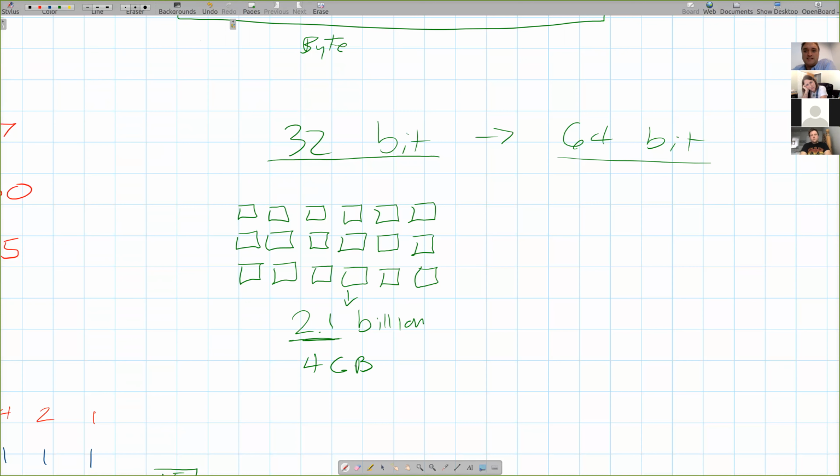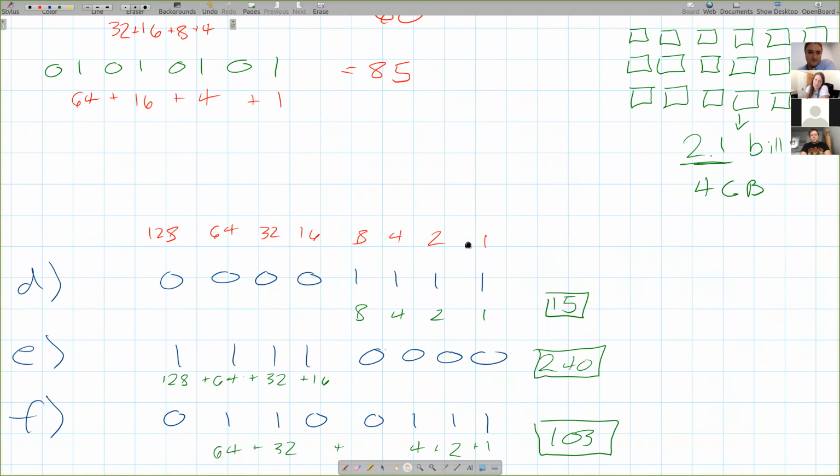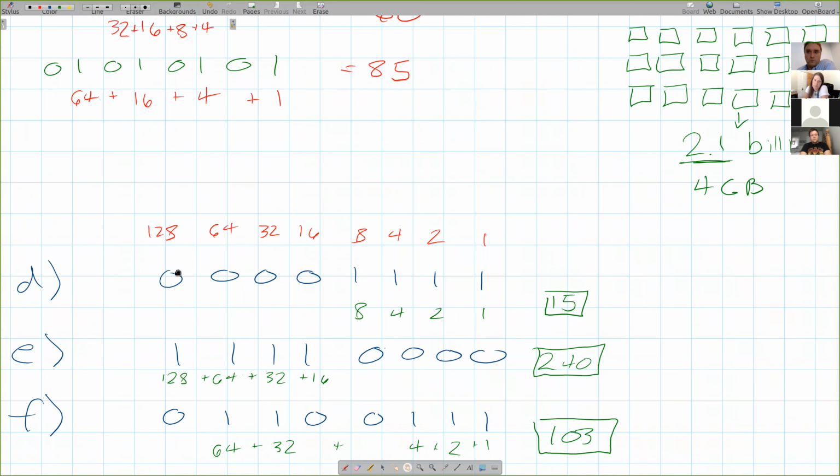A lot of people made the mistake when 64-bit happened of assuming that we doubled the total amount of space. 32 to 64-bit isn't doubling. If we go back to our binary counting stuff, what would it mean to double the total amount of space that we have here? So this is 256. If I want to be able to describe 512 things, how many more bits do I need? Two more.